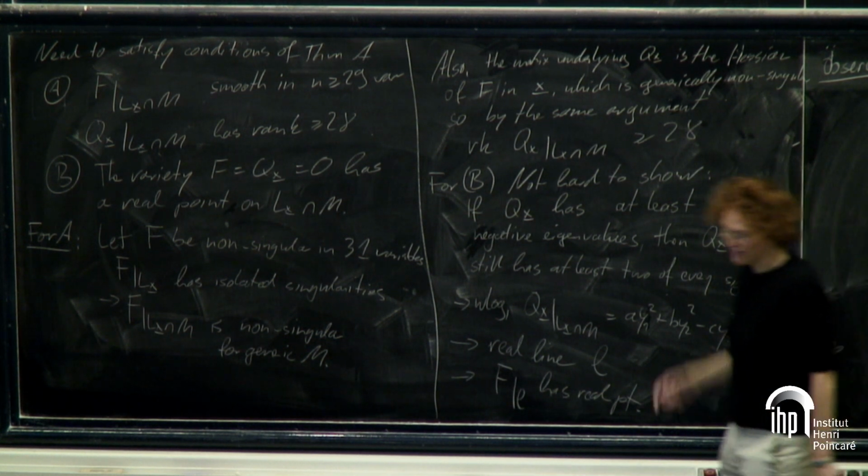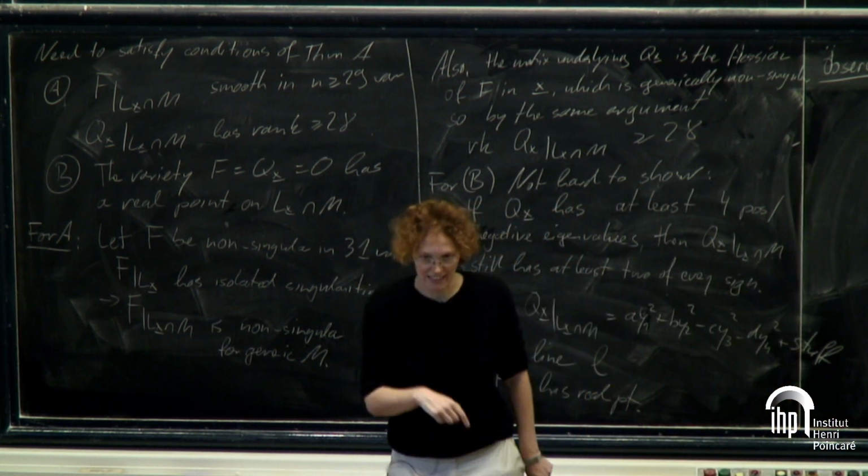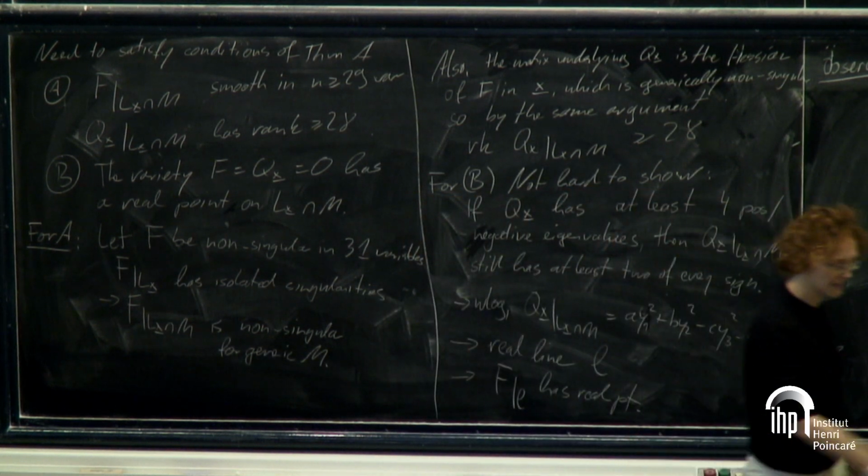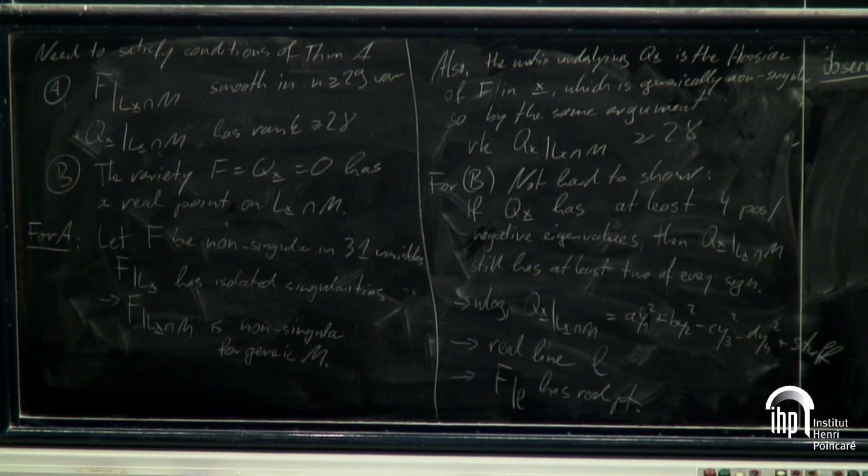Well then, if x lies on the hypersurface, then minus x also does, because it's homogeneous. And q minus x will then be negative definite, because this varies linearly in x, because it's a trilinear form, there's two y's and one x in there.